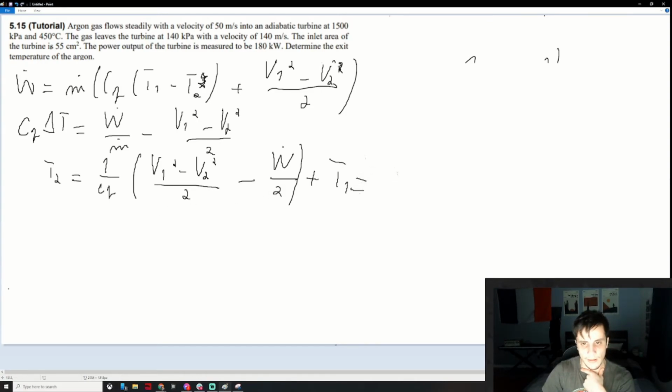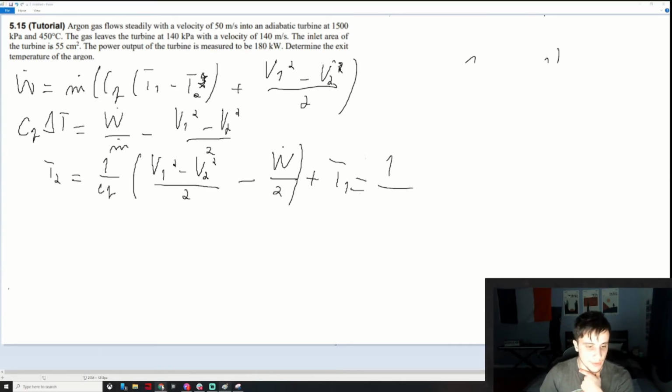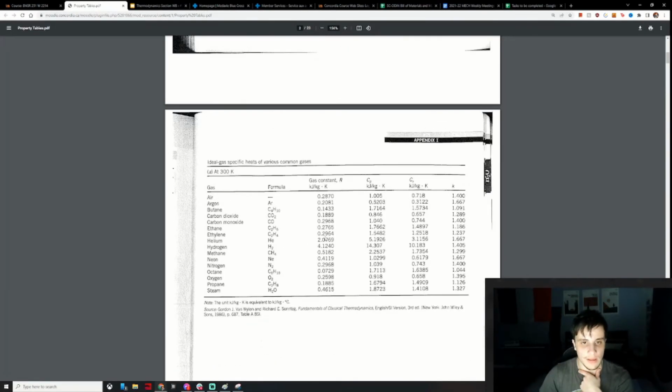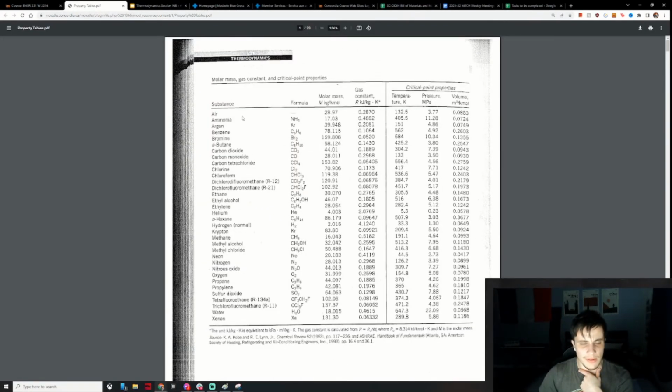So 1 over CP. Okay, I just realized a big error. When I was trying to find the gas constant, I don't know why I was trying to find CP. I guess I'm still sick.